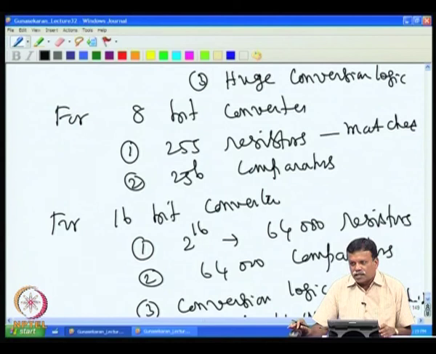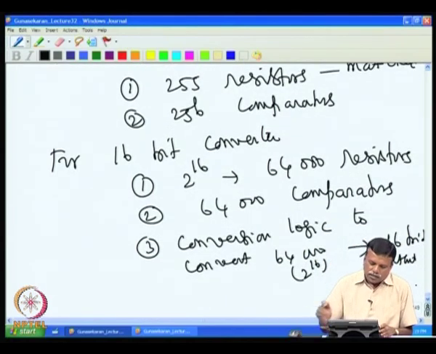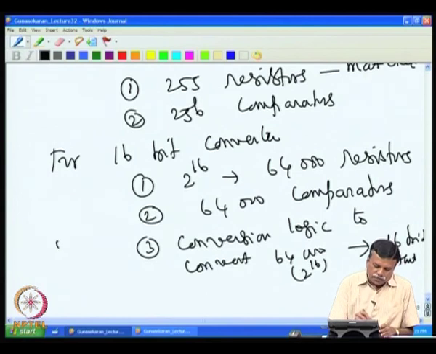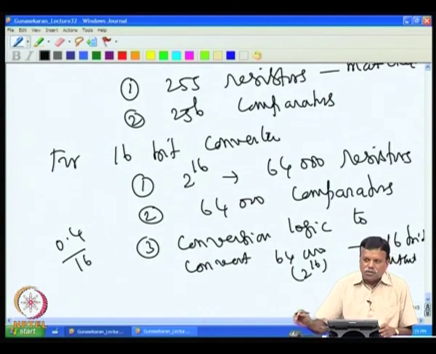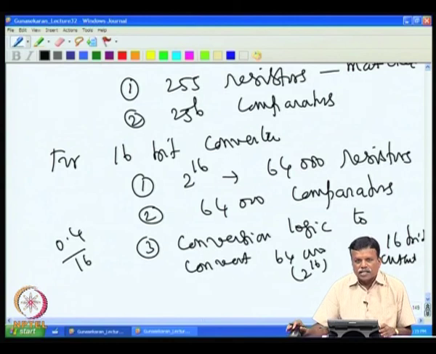The accuracy would be 0.4 divided by 16 percent, almost 0.001% accuracy resistors, and that is almost impossible to achieve. Plus, having that many comparators with their offset voltages, each needs accuracy to 2 power 16.